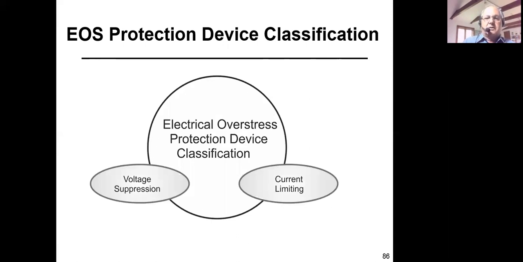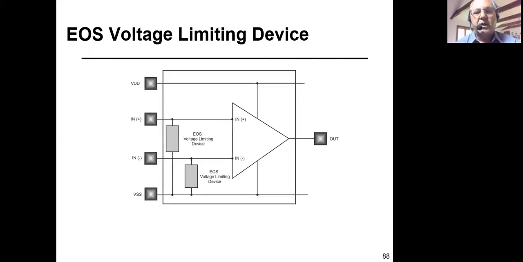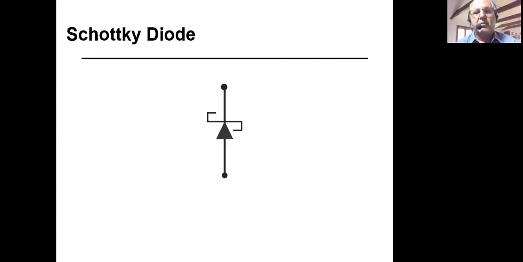In EOS, there's also voltage suppression and current limitation. One way to limit the current is to put an element in series with the incoming nodes on an input and an output. Here's an example of a voltage limiting device where basically it's going to ground.